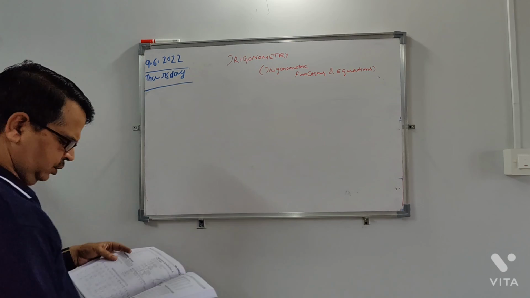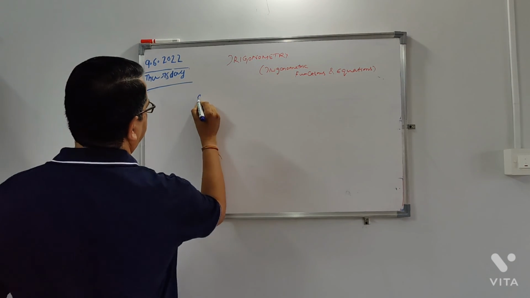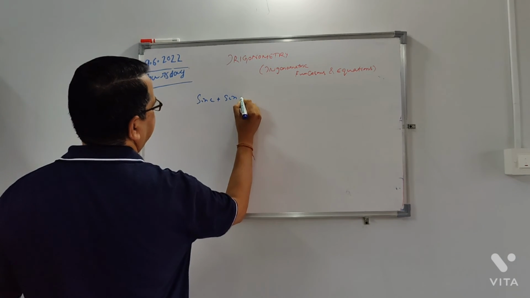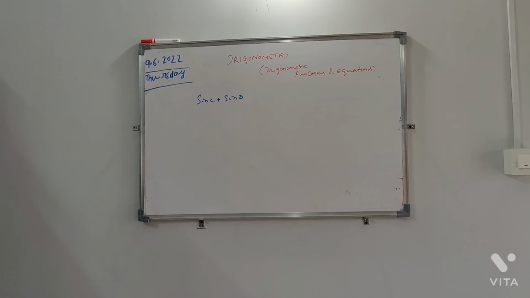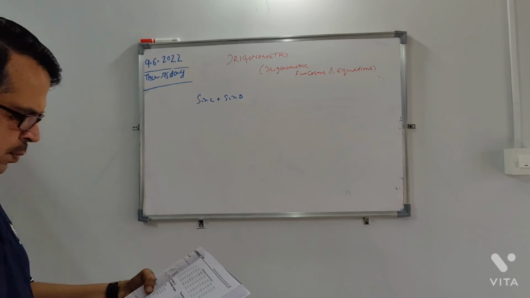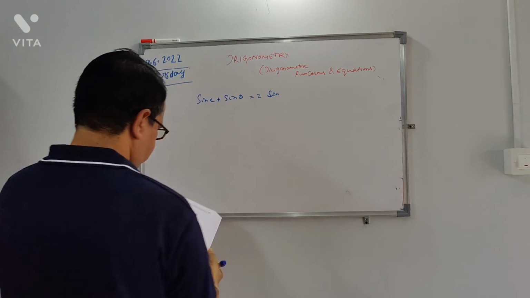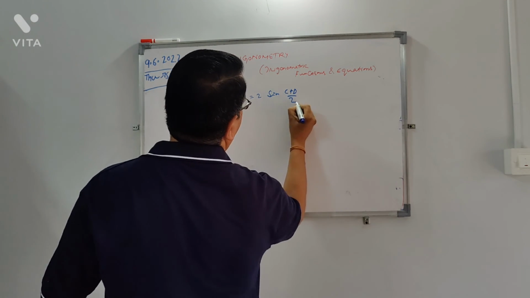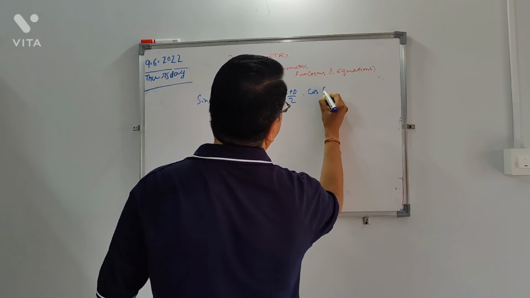Then there are some formulas like sine C plus sine D. Earlier we had done sine A plus B, but sine C plus sine D is a transformation, and this is equal to 2 sine C plus D by 2 into cos C minus D by 2.